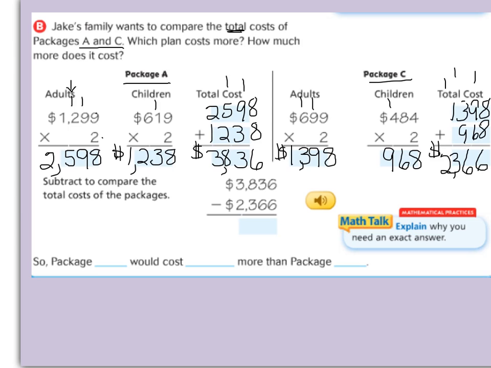Now remember, he wanted to compare them, so let's go ahead and subtract to compare. So 6 minus 6, 3 minus 6, can't do it. I'm going to go over here and take one of the hundreds, which gives me 10 tens. So the difference is $1,470. So package A would cost $1,470 more than package C.